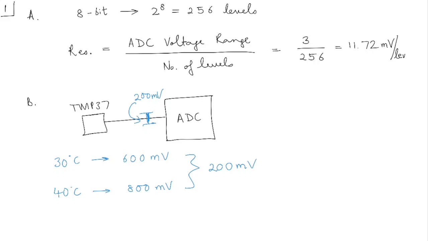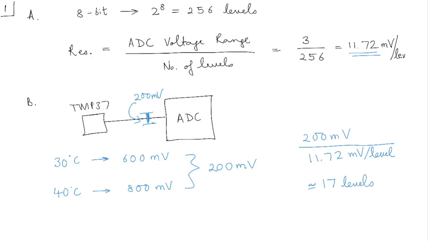Now what's the resolution of your ADC? The resolution of the ADC we've already calculated is 11.72 millivolts. So how many levels will we get when we convert these 200 millivolts into digital values? You would get 200 millivolts divided by 11.72 millivolts per level, which is approximately 17 levels.